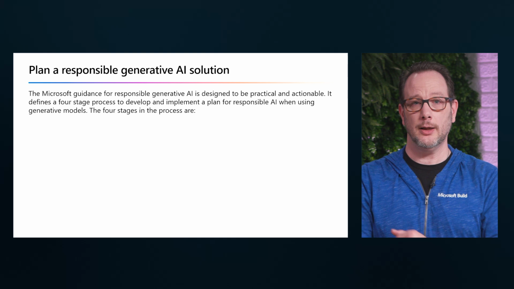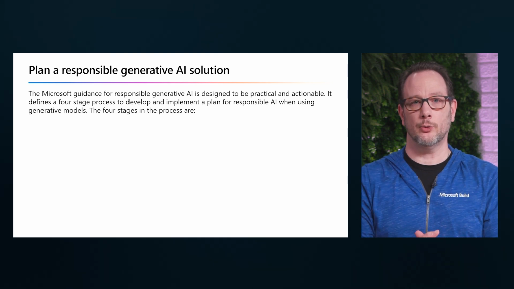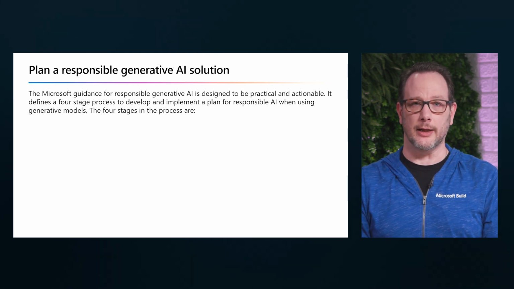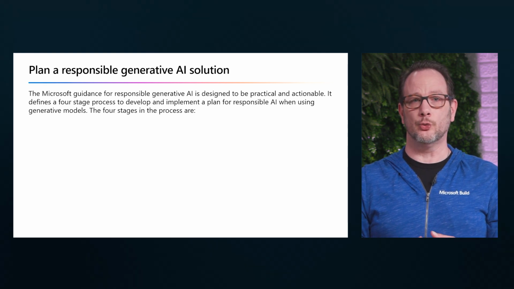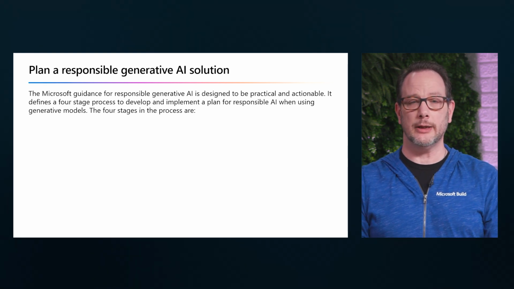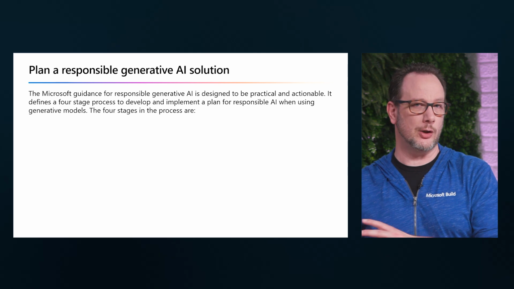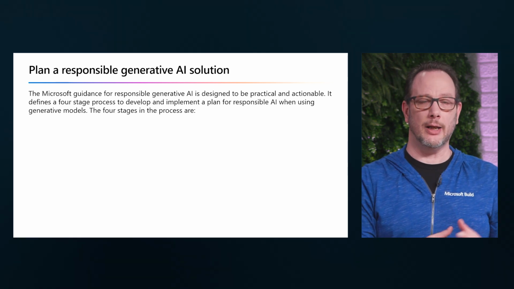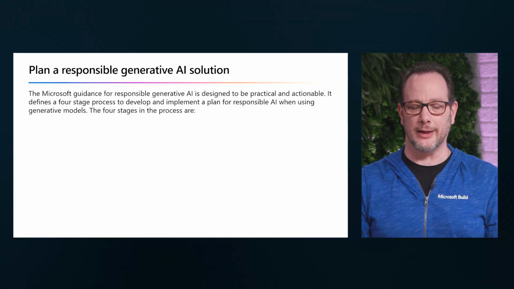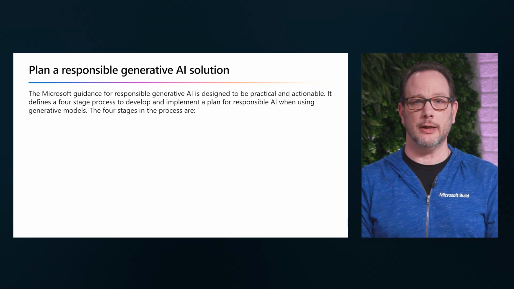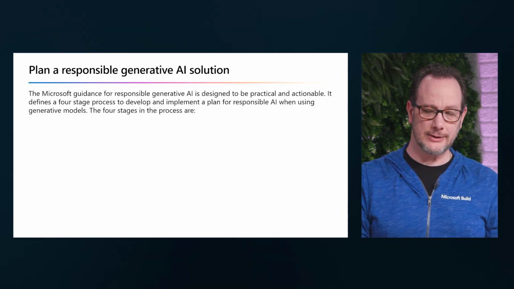Now, to help you with that, Microsoft created the responsible generative AI framework. That's going to allow you to think about how to integrate that amazing generative AI solution into your applications, new applications or existing ones, knowing that everything is going to run in a responsible mindset.